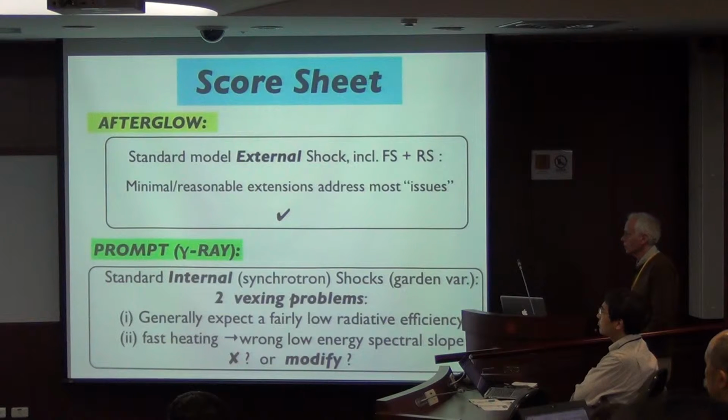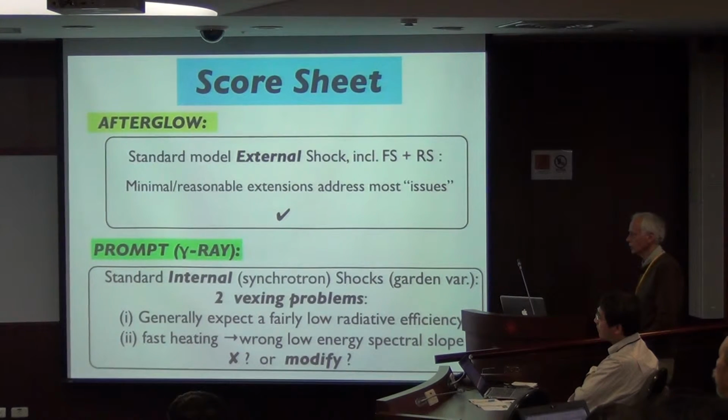Gamma-ray bursts have these two vexing problems. One, the low radiative efficiency for the internal shocks, and the fact that you have the wrong spectrum. You're in the fast cooling regime, and so you have to do something about the spectrum.